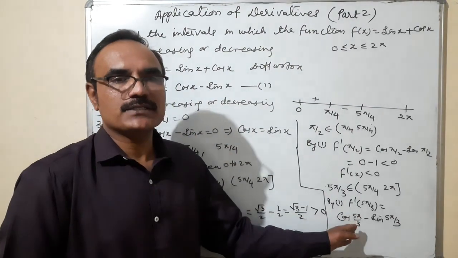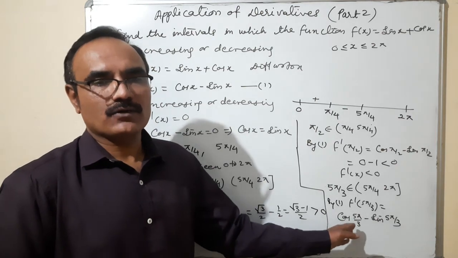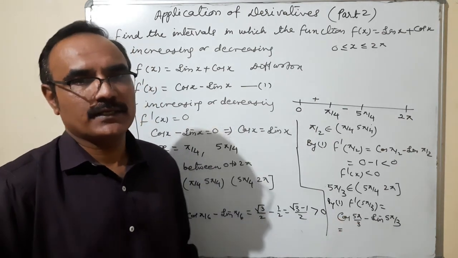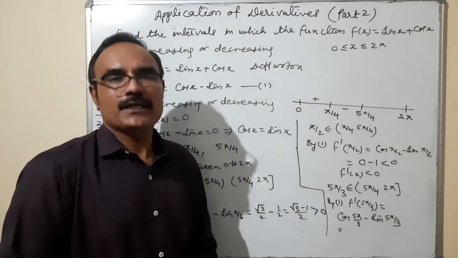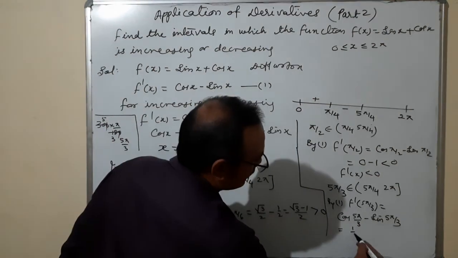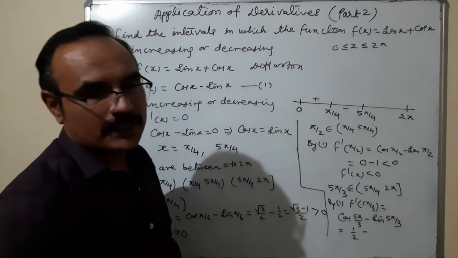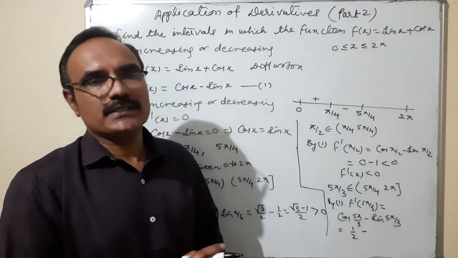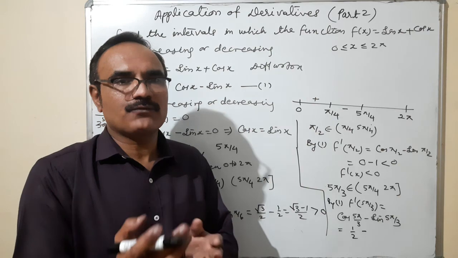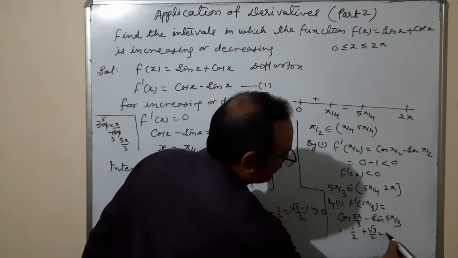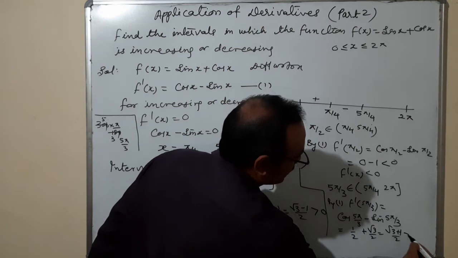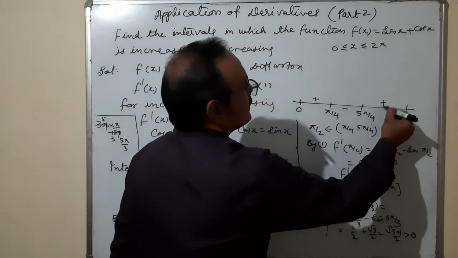Cos 360 minus 60, cos 60. And in the fourth quadrant, cos is positive. The value of cos 60 is 1 by 2. Minus sin 300. Sin 360 minus 60, it is sin 60, root 3 by 2, but it is in the fourth quadrant so it is minus. So minus minus is plus root 3 by 2. It is root 3 plus 1 by 2 which is greater than 0. That means it is increasing.